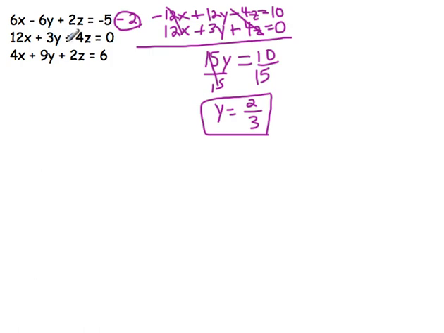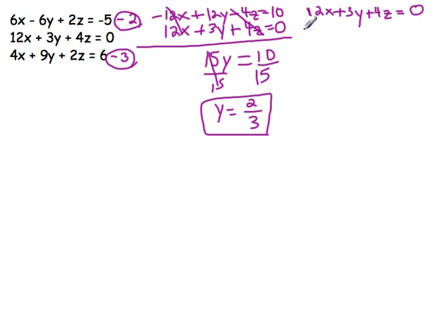I'm going to rewrite the second equation again, because I'm going to use the second and the third equations together. So I have 12x plus 3y plus 4z equals 0. Okay? Now what I need to do to get rid of the x's, I'm going to take this third one and multiply by negative 3.